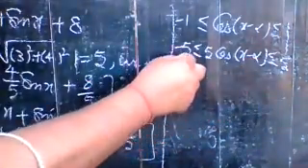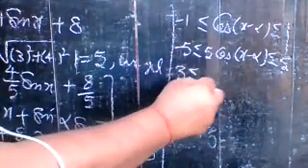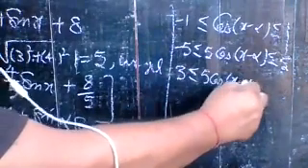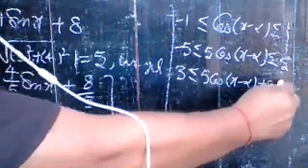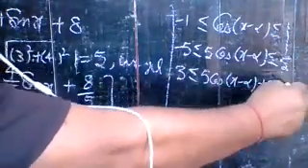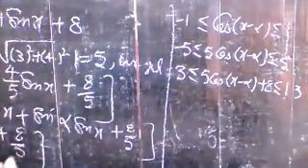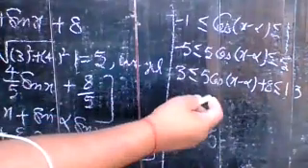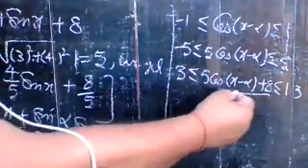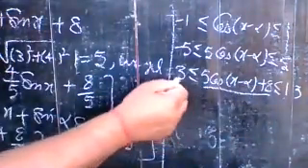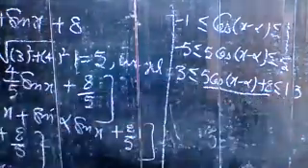If you add 8 here, you have 3 less than or equal to 5 cos of x minus alpha plus 8, and on the other side you have 13. This shows that the complete function 5 cos of x minus alpha plus 8 is greater than or equal to 3 and less than or equal to 13.